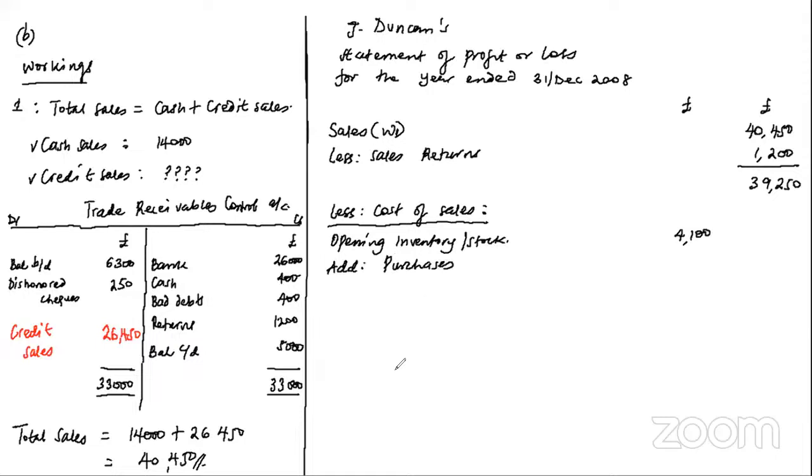But the truth is the purchases figure is not direct either. It's missing. You have to compute that purchases figure as well. So add the purchases. We are going to come up with working 2 to arrive at the purchases figure.